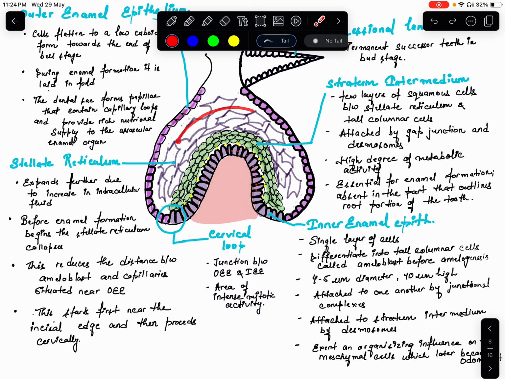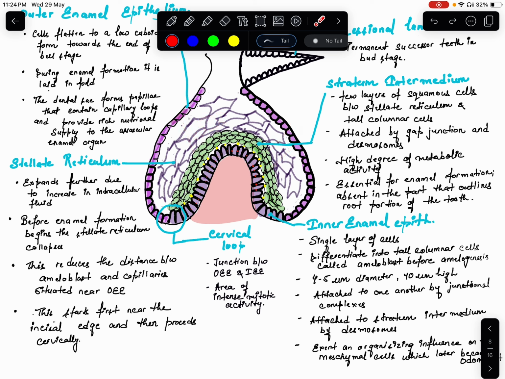So the inner enamel epithelium will try to derive nutrition from outside. To do that, the stellate reticulum will collapse and they'll come close together, so it's easier for the inner enamel epithelium to draw nutrition from outside.